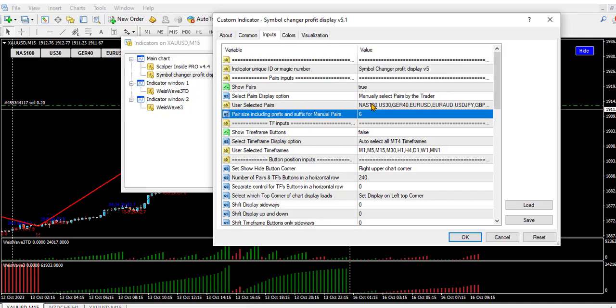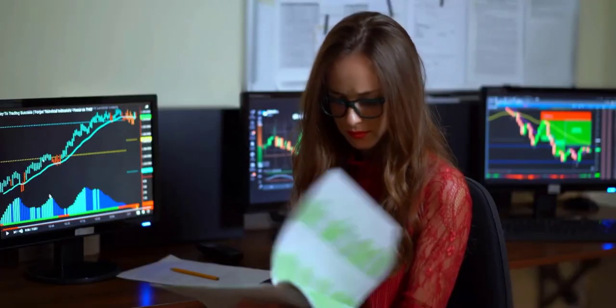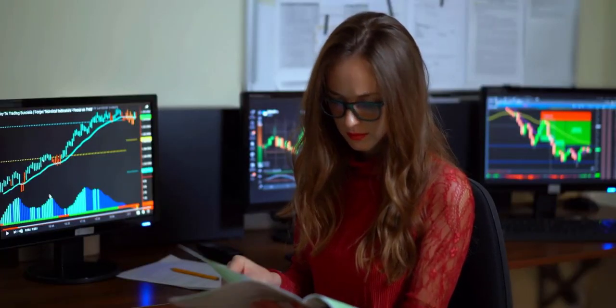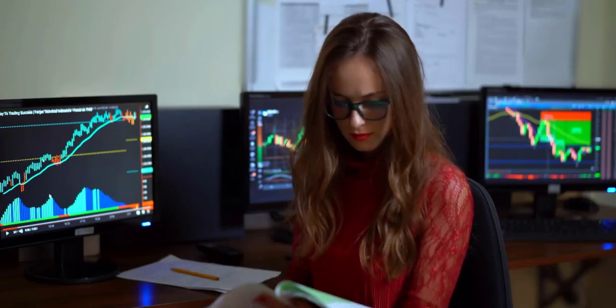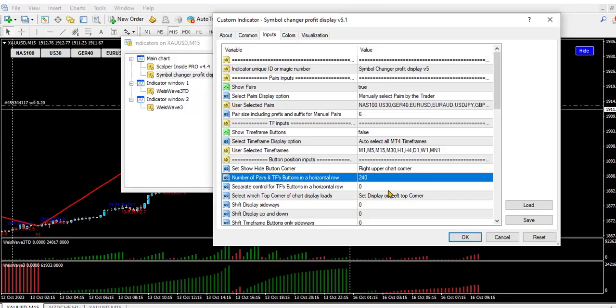If not, the thing will not come up, and that was why I have a 6 here. And if you want to have the time frame here, you can adjust it, and anywhere you want this symbol changer to be, either at the right or at the left hand, you can have the value here where you want it to be.